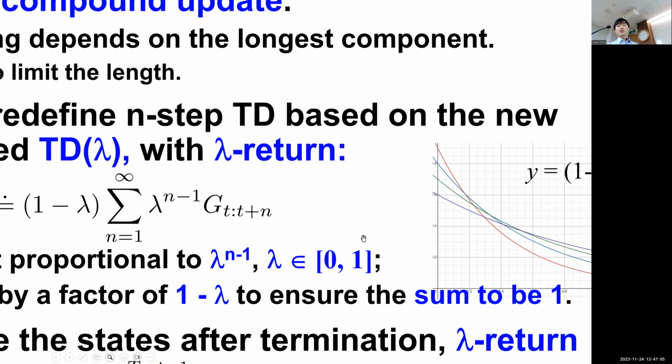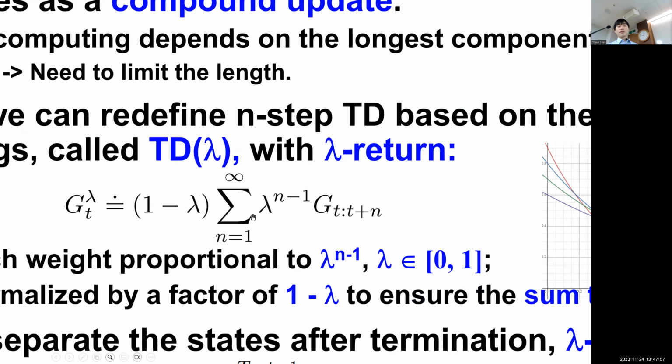But from this discrete point of view, why can we ensure that this is 1? Why? Anyone? Consider this n reaching infinity, from 1 to infinity.